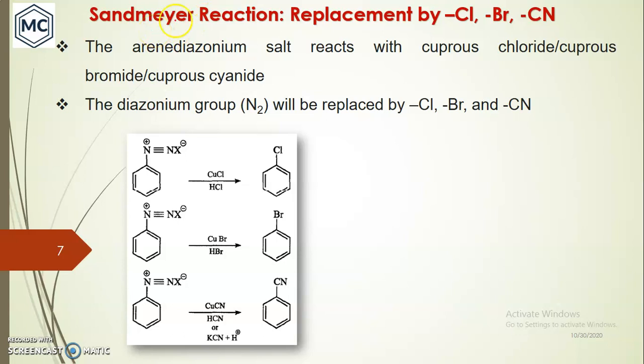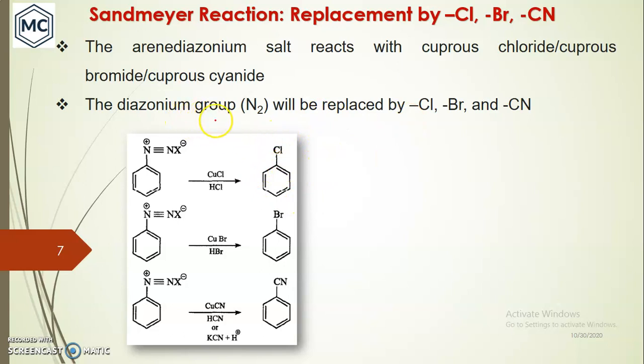First one, the Sandmeyer reaction. In the Sandmeyer reaction, you can replace N2 by Cl, Br or cyano. You react the arenediazonium salt on the left side with cuprous chloride, cuprous bromide or cuprous cyanide, with HCl or HBr, and you get the corresponding derivative.